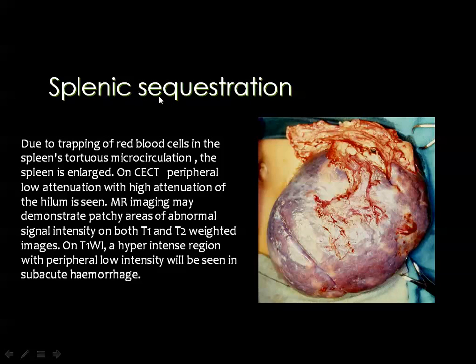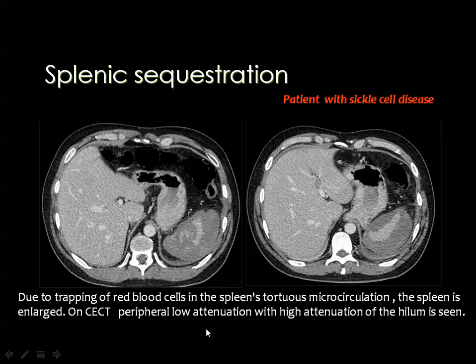And the splenic sequestration in patients with sickle cell disease means that there is a large amount of blood that has been trapped inside the spleen, leading to splenic sequestration. The spleen is huge and may bleed, leading to sequestration crisis.